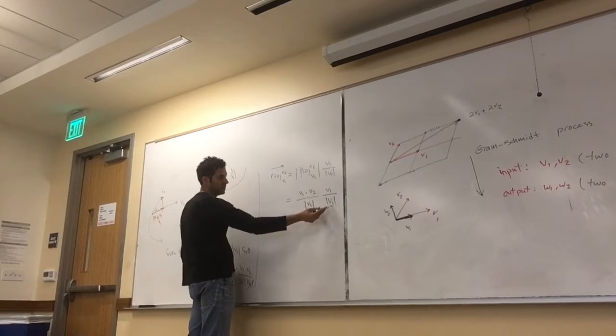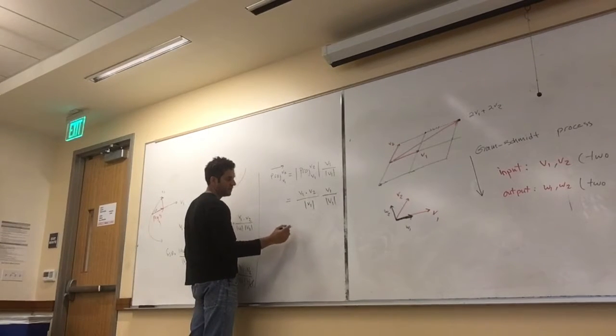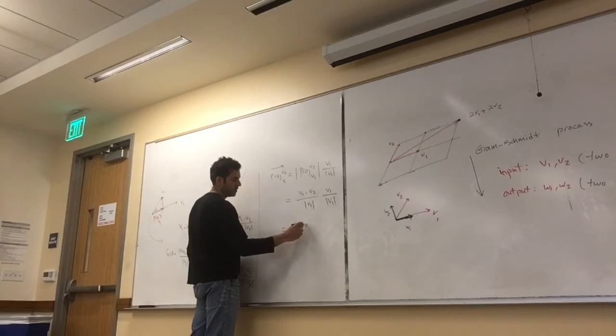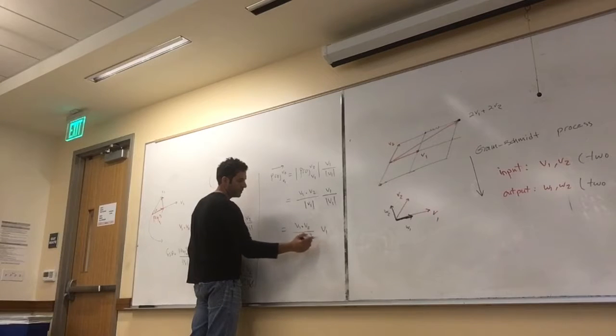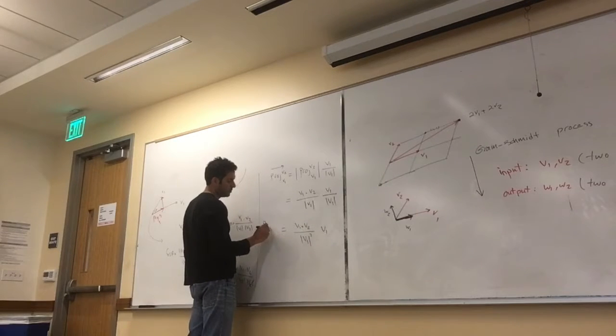And if you simplify this, you get the following: V1 dot V2, then the size of V1 squared times V1. So that's called the projection of V2 over V1.